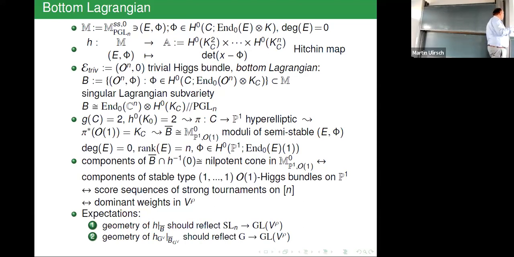And so in general, you would want, on the bottom Lagrangian of the G Hitchin Higgs moduli space, the Higgs system here to reflect the representation theory.